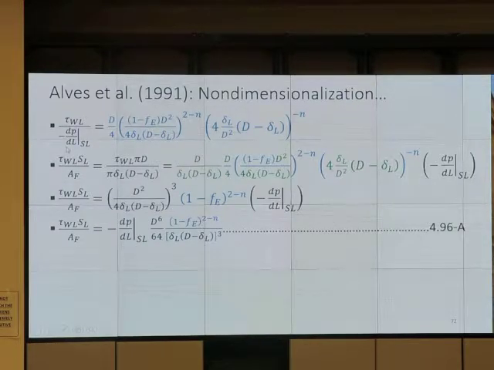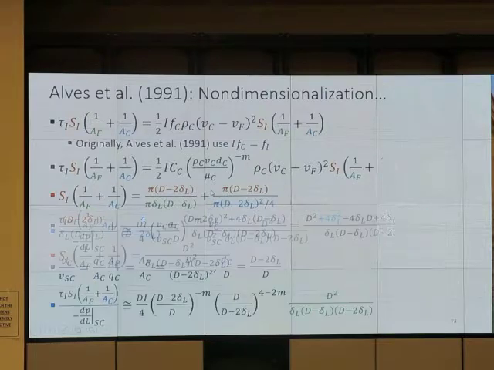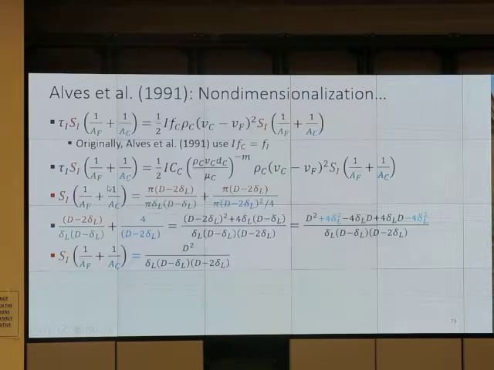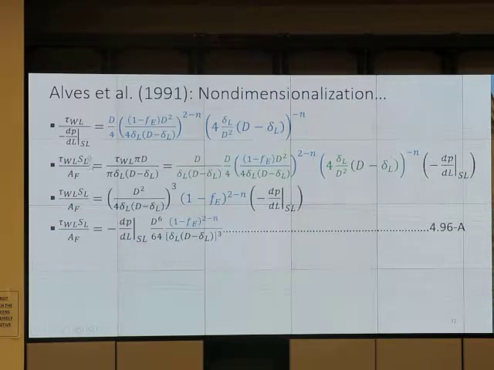We do the math. Tau I is scaled with superficial frictional pressure loss based on the superficial core velocity. For tau WL, we scale it based on the superficial velocity of the liquid phase.